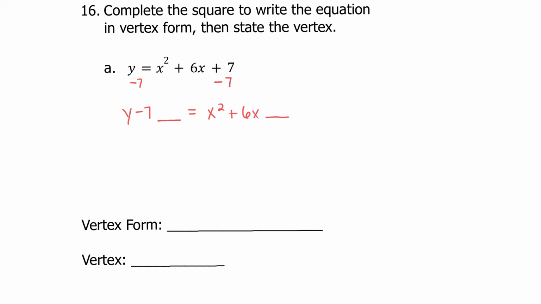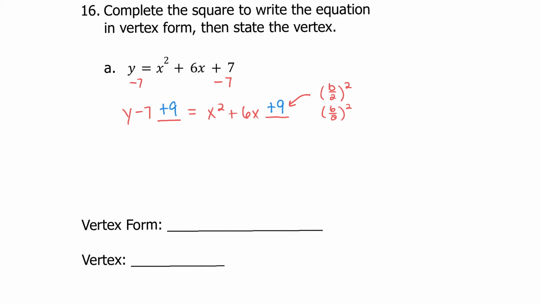So you're going to have to complete the square by doing b over 2 squared. Well, your b is 6. Divide that by 2, you get 3, and then square it. So this is going to give you a +9, which your a value is 1, so you don't have to worry about multiplying by anything. You're just going to add 9 to the other side.